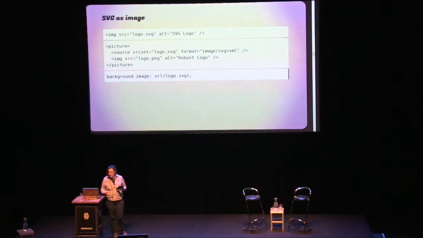Or it could be an SVG file that is used as an image in your CSS, as a background image, or even a list image, or possibly even a border image if you really want to punish yourself. And all of these are included when I talk about SVG as image.